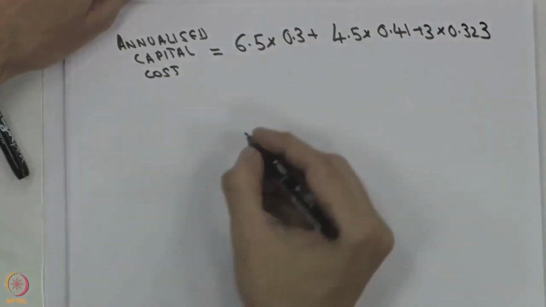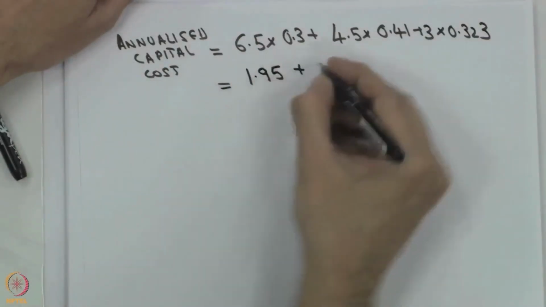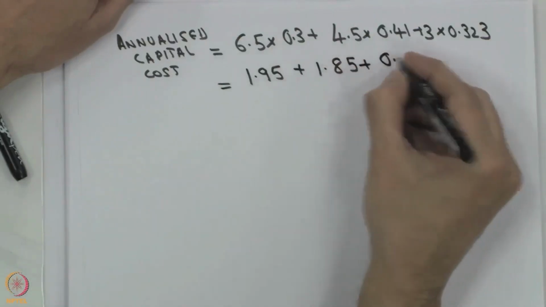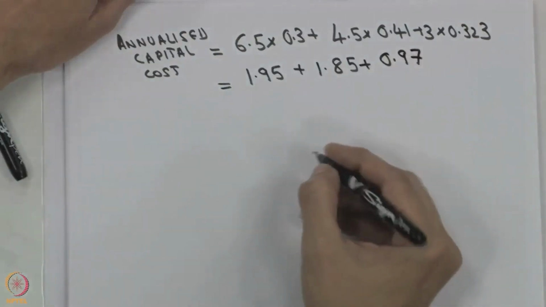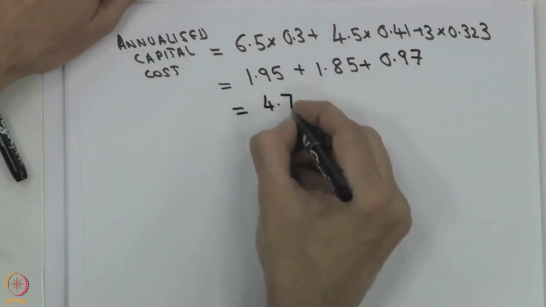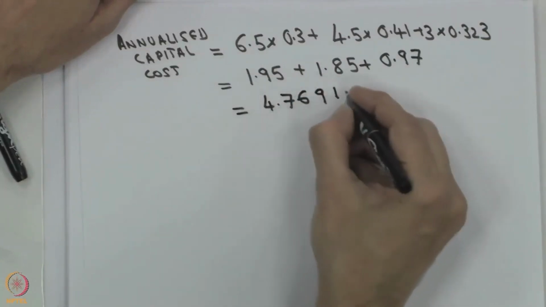Okay. So, this comes out to be 1.95 plus 1.85 plus 0.97, you can check these numbers, there may be some rounding off issues, and this turns out to be 4.769 lakhs.